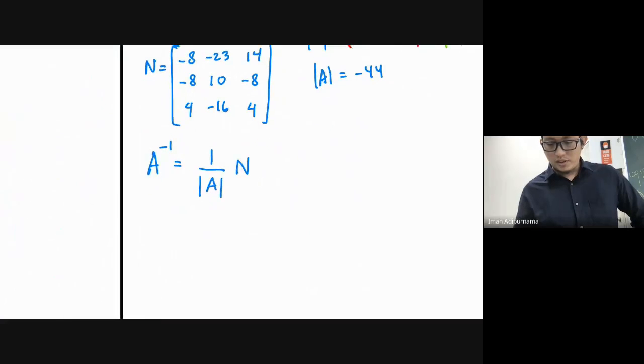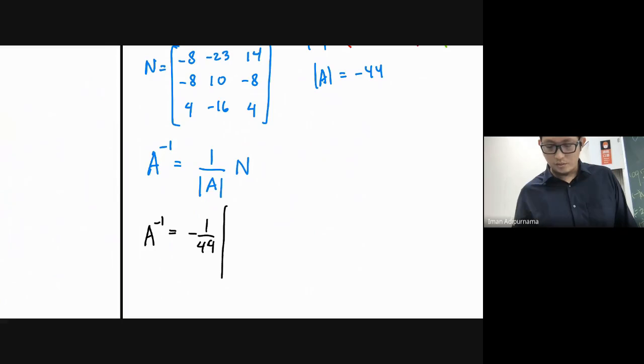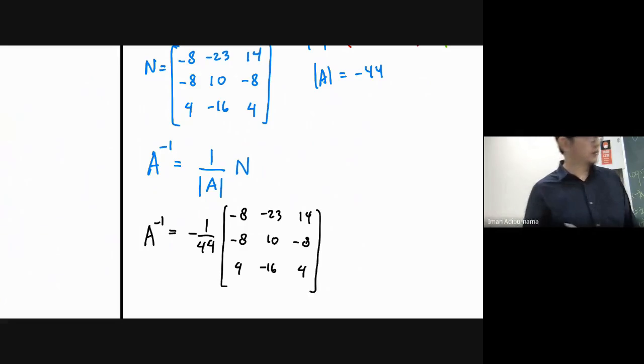So to calculate the final result of the A inverse, if we are looking at the matrix A, then this should be 1 over negative 44, and then multiply with this. Okay.